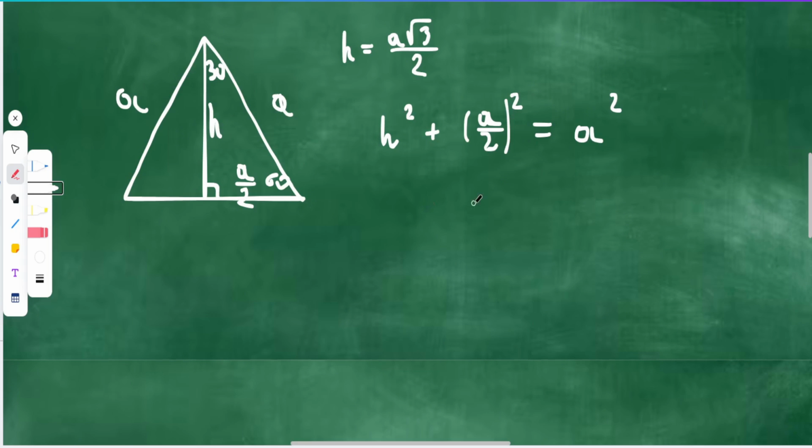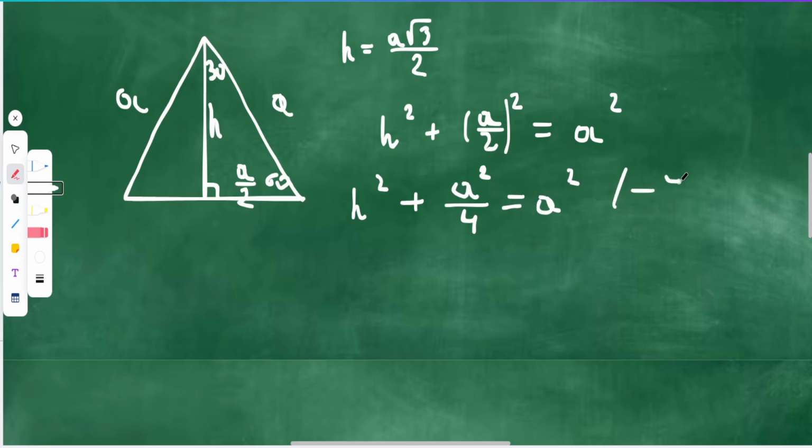So let's do the task. Here we have h squared plus, if we have a fraction raised to the power we exponentiate both the numerator and denominator, equal a squared divided by 4. To calculate it correctly and get to h, you have to subtract this element.